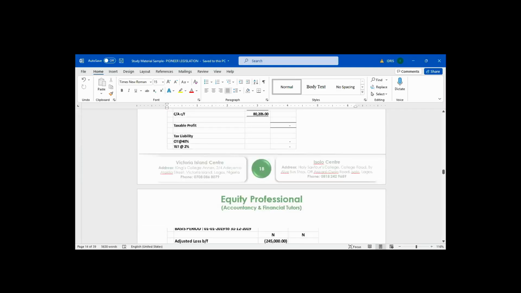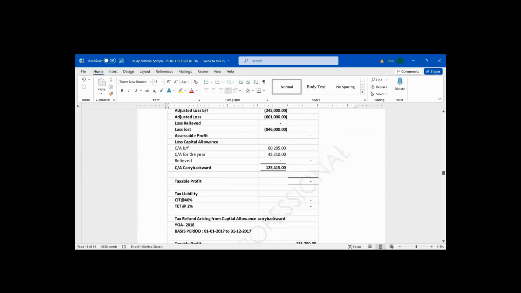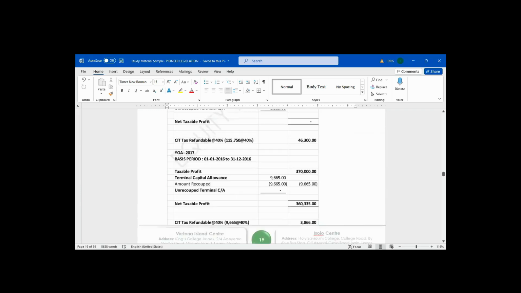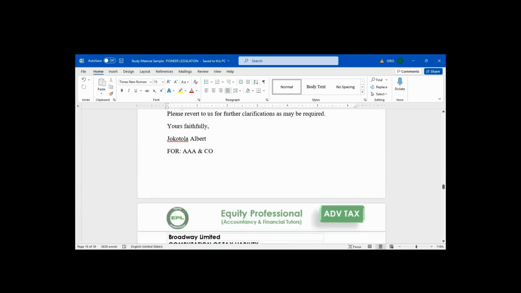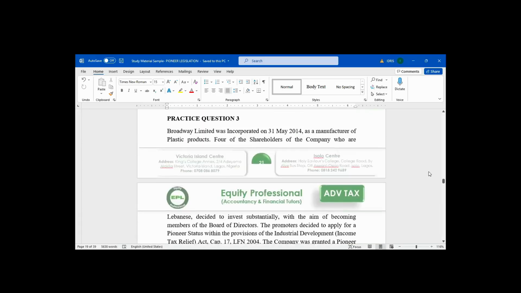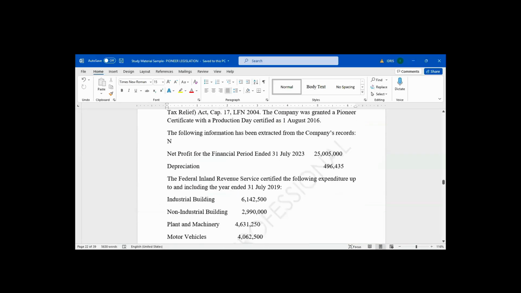Is that all around pioneer? Yes, sir. That is all around. And when you make a loss during the pioneer period, that loss will be available for relief in the post-pioneer period. That is one of the crux of the matter in this question.